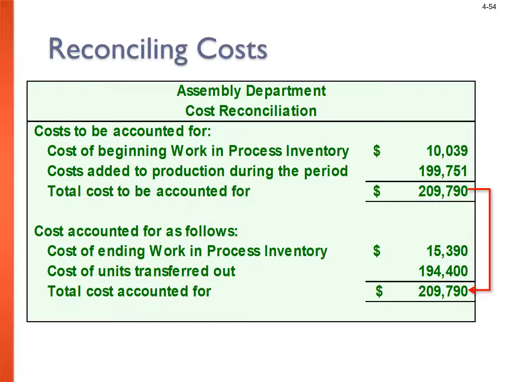The cost of the units transferred out, which would have been sent off to the next department, was 194,400, and we just determined that in the last slide. So we've accounted for all the actual costs that happened. So at the end of this month, the work in process inventory in the assembly department will be 15,390.